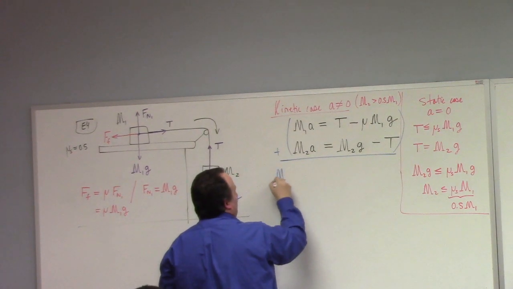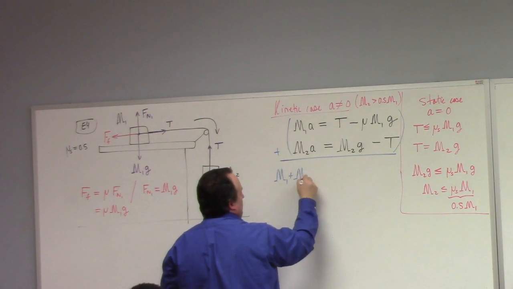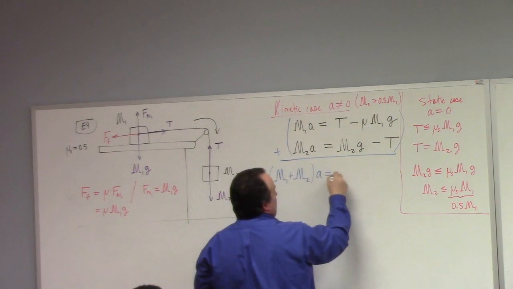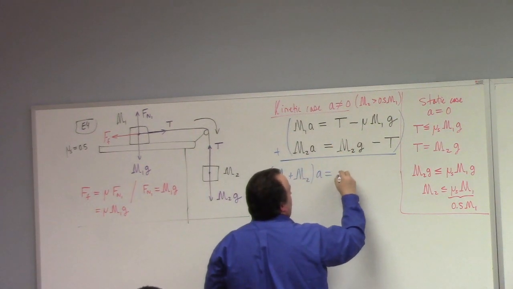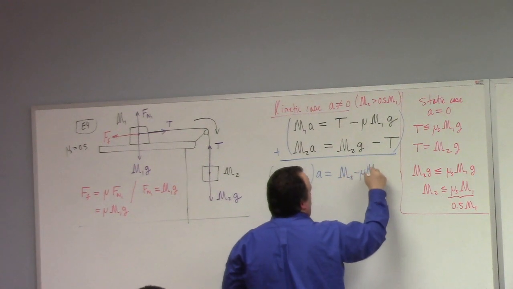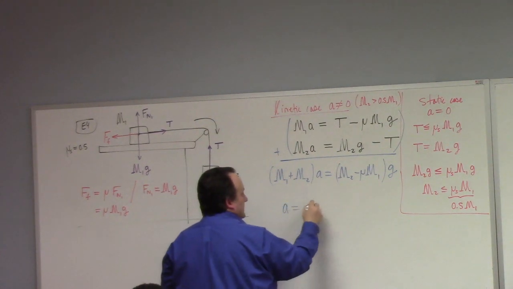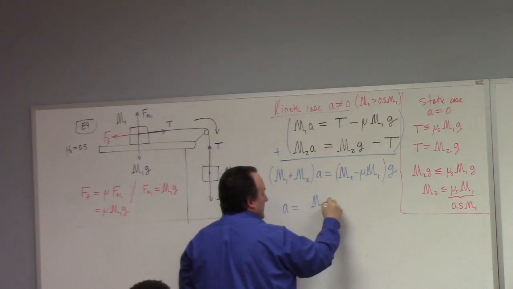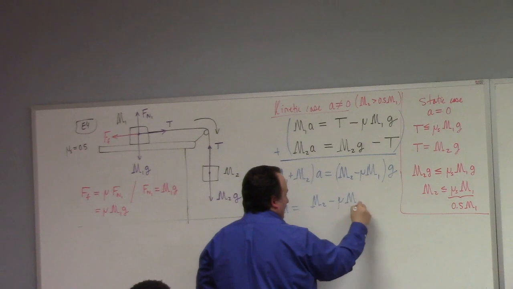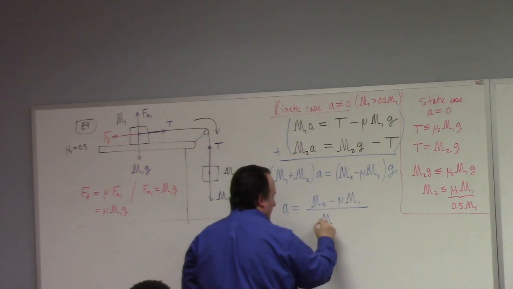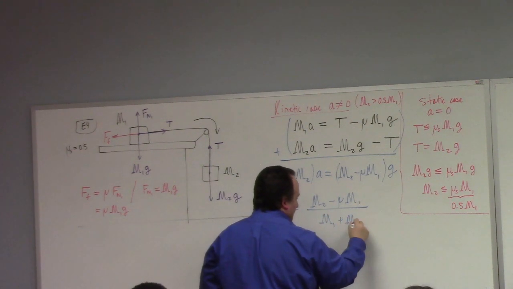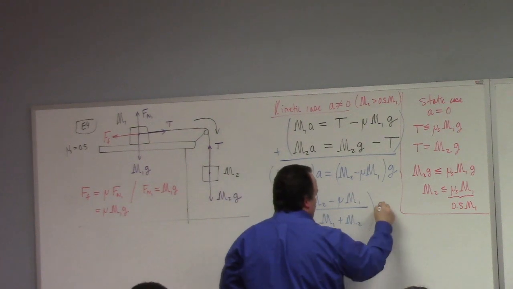We get m1 plus m2 times a is equal to, the T's cancel, and we got ourselves m2 minus mu m1. Factor that g out, and your acceleration is m2 minus mu m1 divided by m1 plus m2 times g.